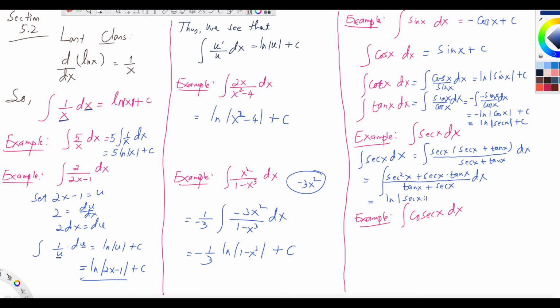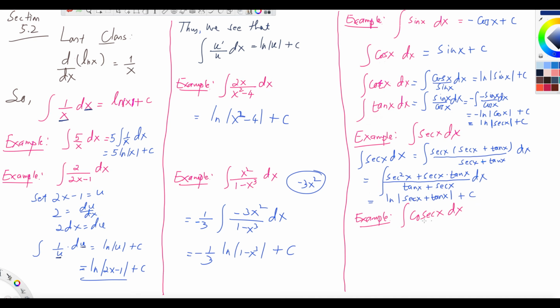Secant x plus tangent x, absolute value, plus c. That is the final answer. So this was a little bit tricky. This is the formula for the integral of secant x, or antiderivative of secant x: natural log of secant x plus tangent x plus c.